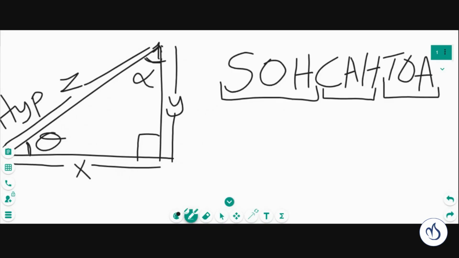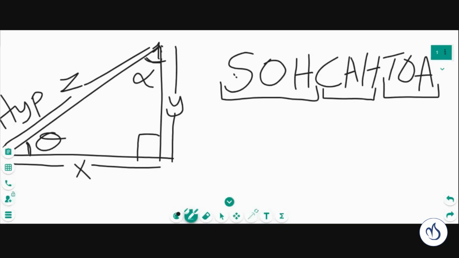I want to consider angle theta. I hope we can all see angle theta. So considering angle theta, I can have a relationship between the sides of this triangle. The first trig function here, in SOH, S is the sine.